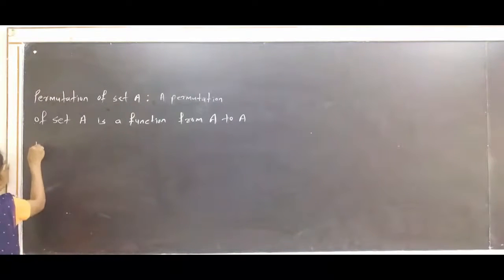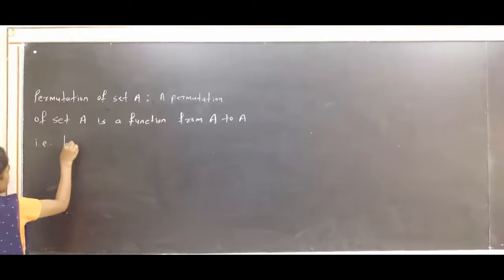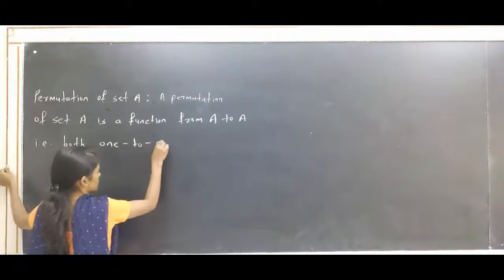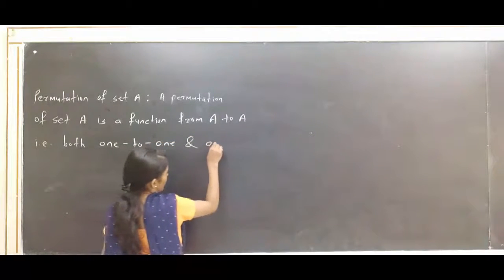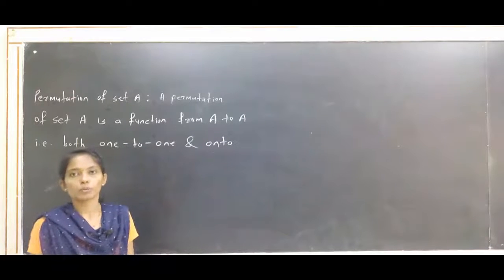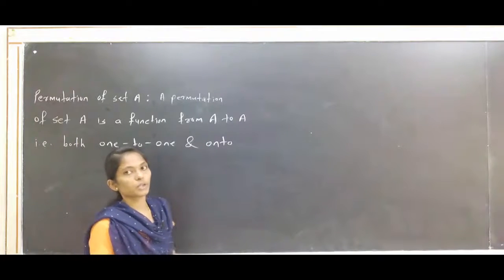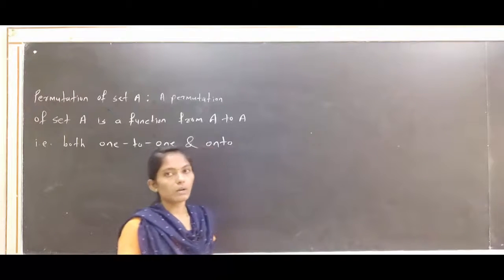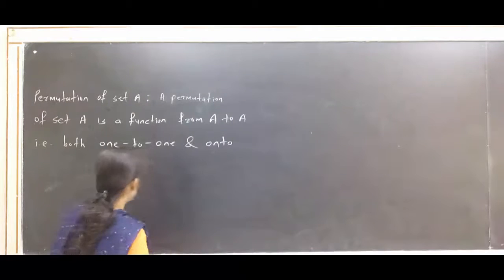Okay, that is both 1 to 1 and onto. So 1 to 1 and onto. So permutation of set A is a function from set A to A itself. Now we take the next definition.